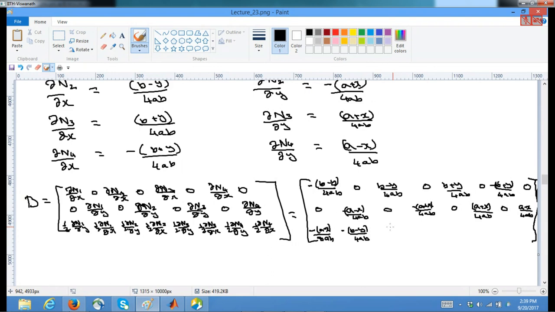Next, this one is minus (a plus x) by 4ab. Sorry, these are 8ab's. I'm sorry about that. This is 8ab, and this is also 8ab.